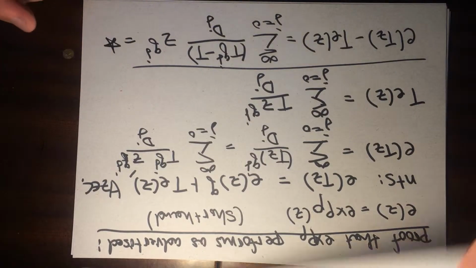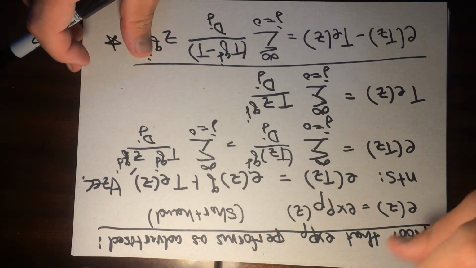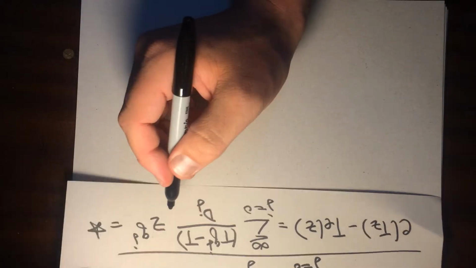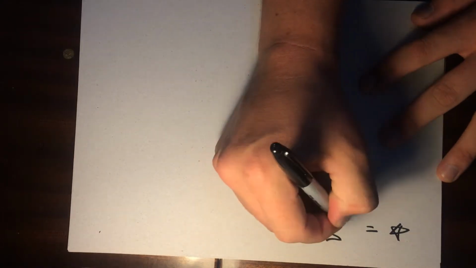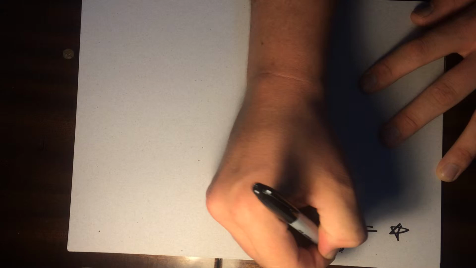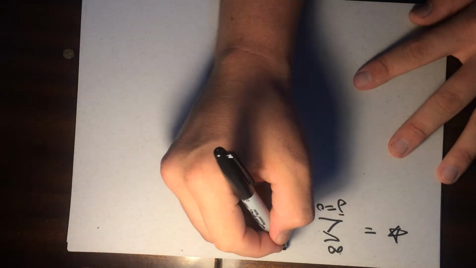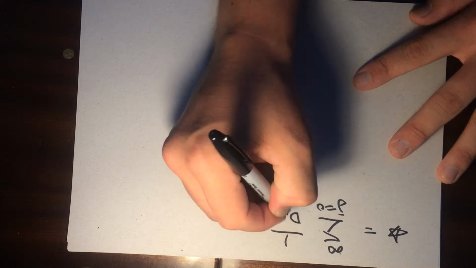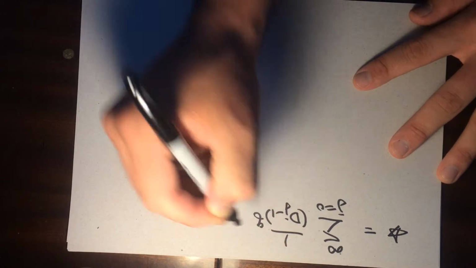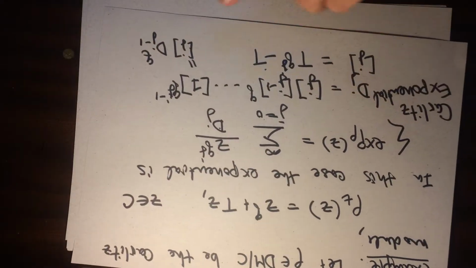We can use the recurrence here between the D's, like so. So this really says that star is equal to the sum from j equal to 0 up to infinity of, so now we have 1 over D_(j-1) to the q. Okay, so all I used is this formula here.